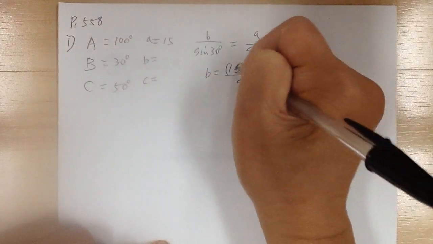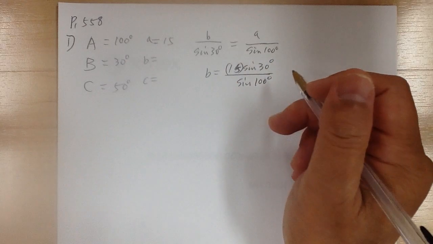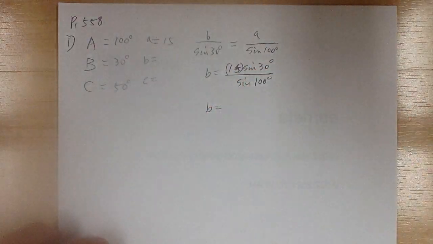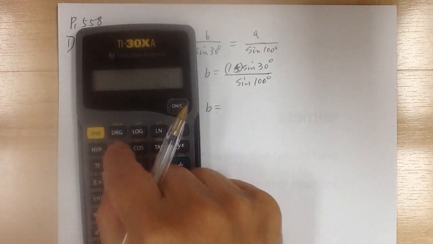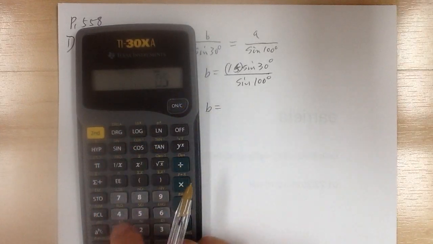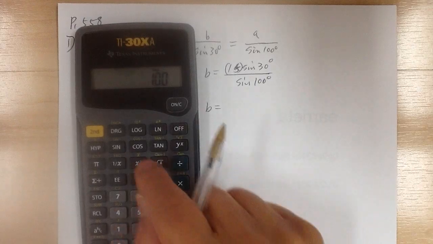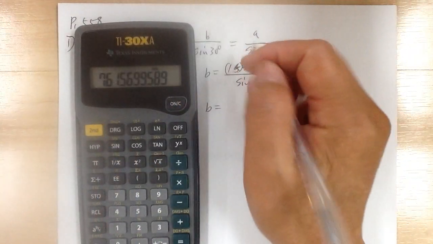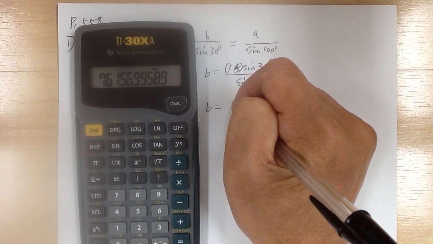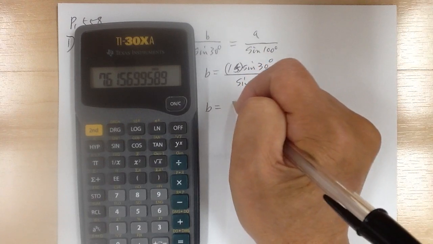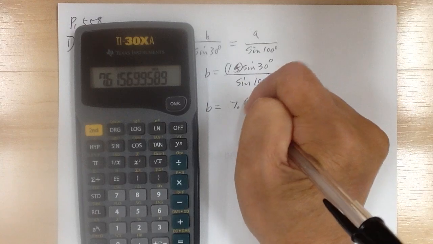Move this over and substitute. So b will equal 15 times sine 30 divided by sine 100, and you get 7.62.